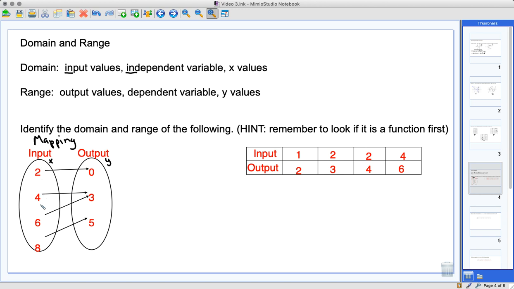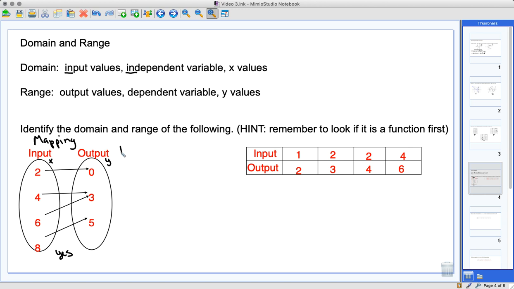When you're looking at a mapping, you want to look for more than one arrow out of a number. Okay, so 2 only has one arrow, 4 only has one arrow, 6 only has one arrow, and 8 only has one arrow. The 8 got down really far there. Okay, so each one of these input values only has one arrow. So this would be a yes, it is a function.